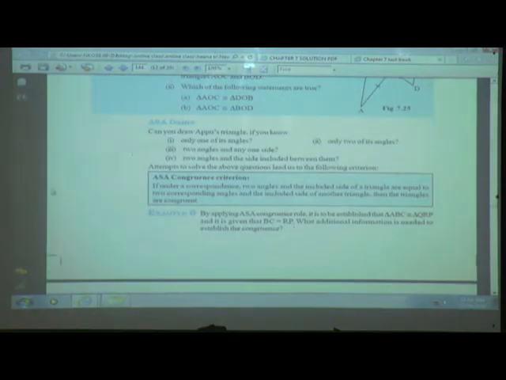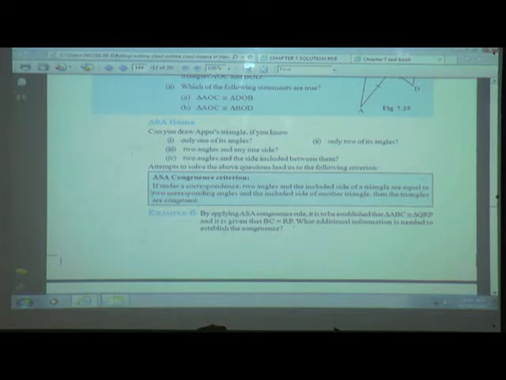We will see another last criteria, that is ASA, meaning angle side angle criteria. In ASA congruency criteria, if under a congruent correspondence two angles and the included side of a triangle are equal to two corresponding angles and the included side of another triangle, then the triangles are congruent.